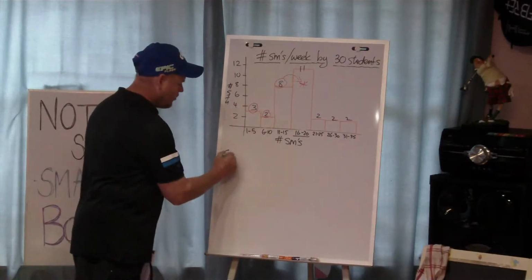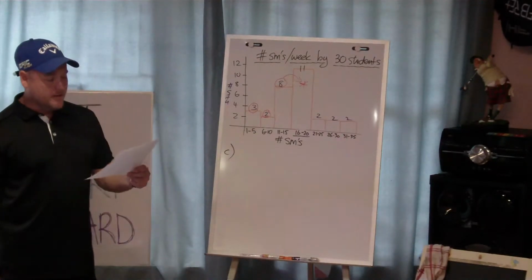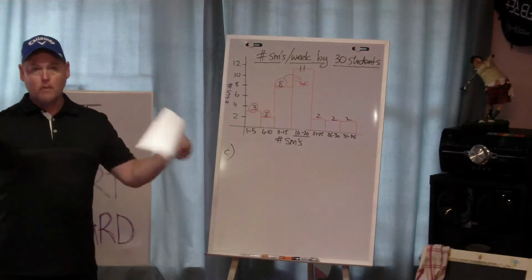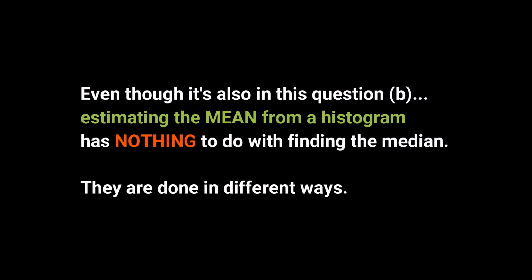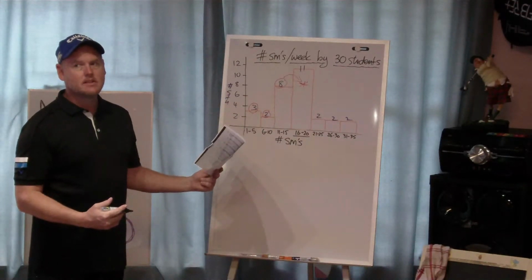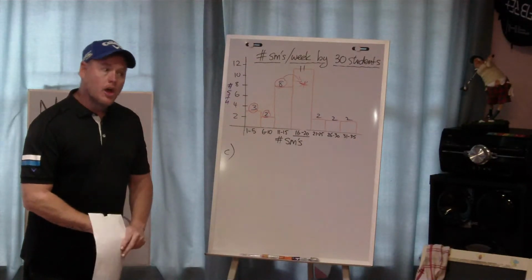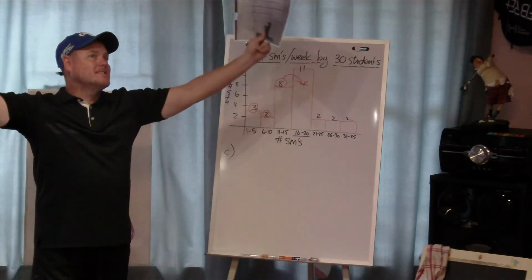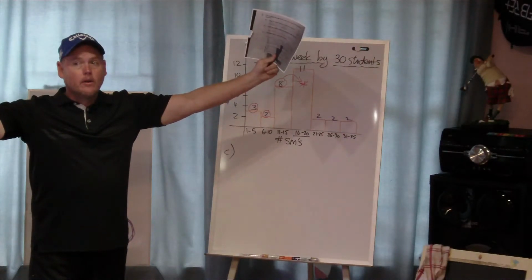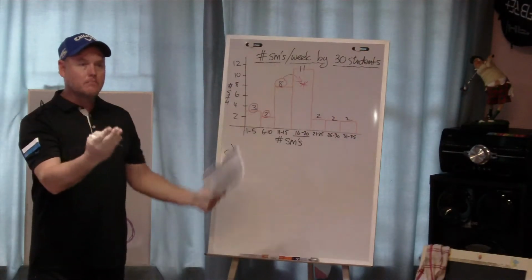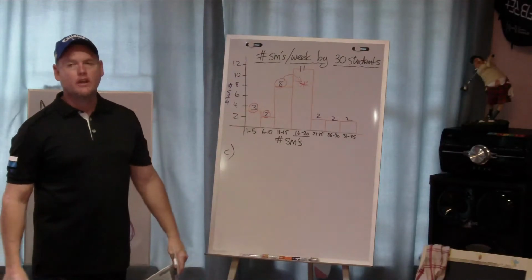Grade 9s, or Tshiamo, finding the mean is something completely different. To find the mean number of SMSs sent, we have to add up all the SMSs sent by all 30 people, and we have to divide it by the number of people, which is 30.